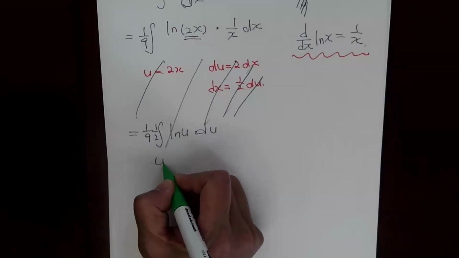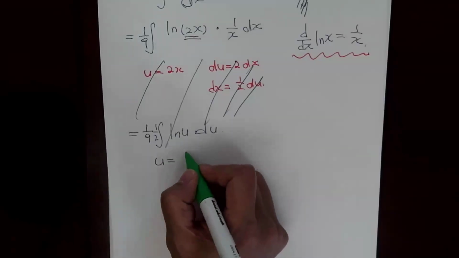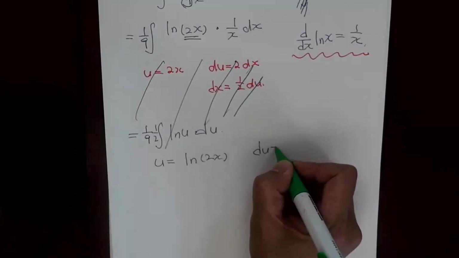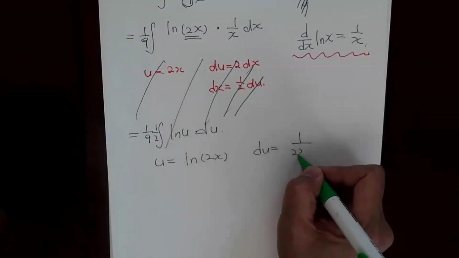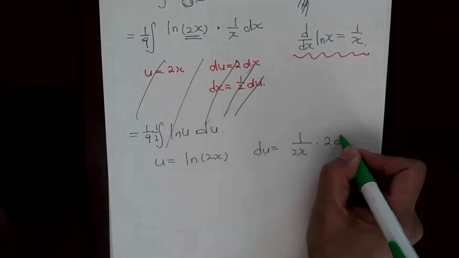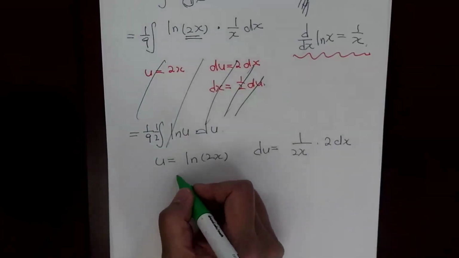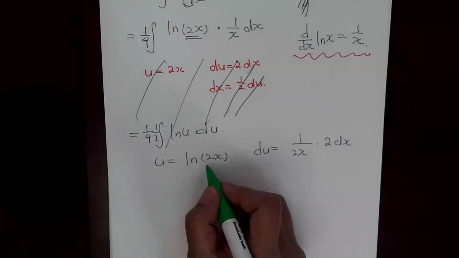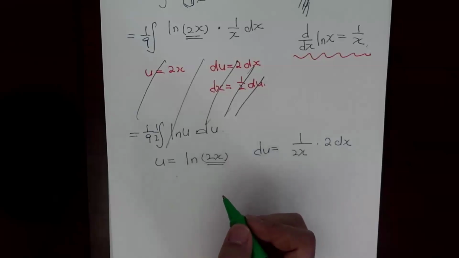So u equals natural log of 2x. Then du equals 1 over 2x times 2 dx. So derivative of the logarithmic function times the derivative of the inner function.